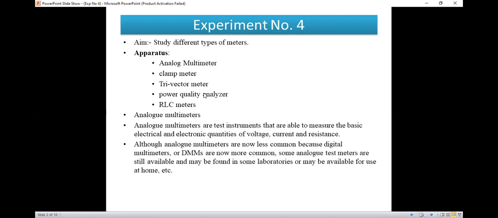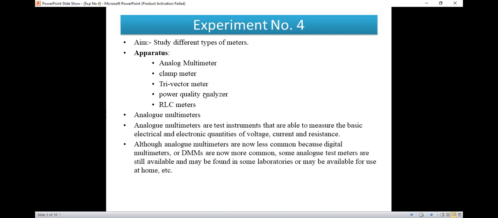I think you already use the digital multimeter while performing practicals in measurement and in machines also. Machines che jyavelas tumhi practical karat hota, at that situation, I think you all used the digital multimeter.